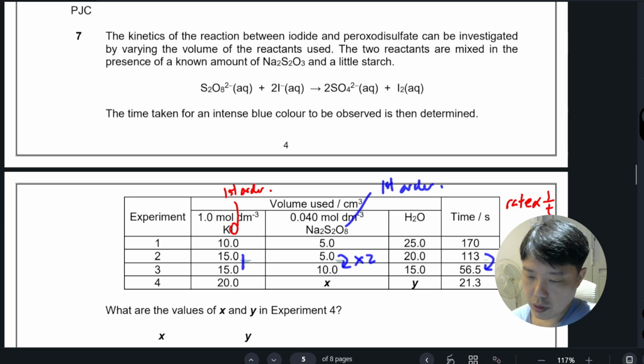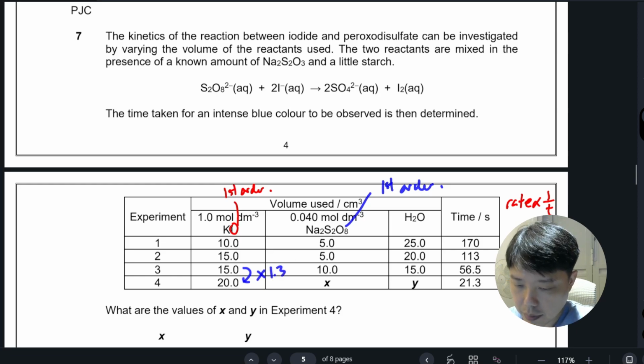Okay, so now that we know the orders, right? Let's see what parameters we have in experiment 4. We are told, right, that the concentration of I minus is increased by about 1.3 times, thereabouts.